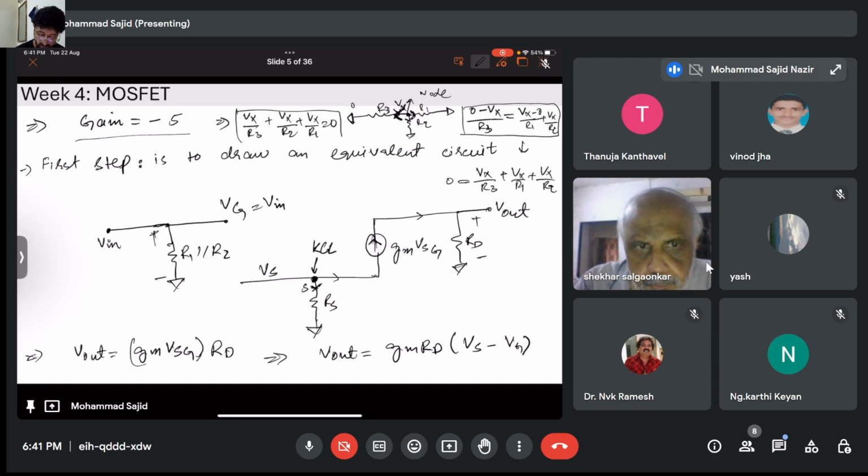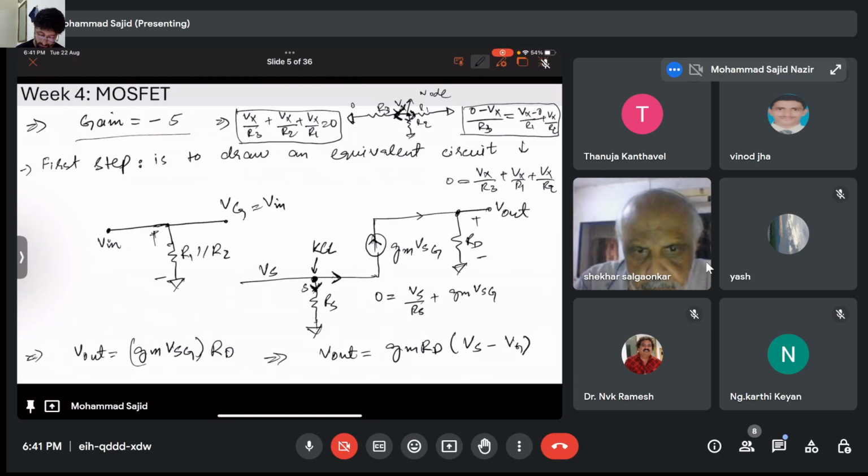As long as you stick with the convention and you follow the KCL properly, it doesn't matter what direction you take. Similarly, in this circuit, I took a current direction from node S to 0 and another current from this node to the output node. Both are going outwards and there is no incoming current, so that will be 0 equal to Vs by Rs plus Gm Vsg.